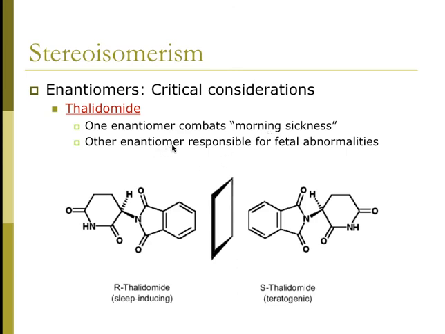The problem was the other enantiomer was responsible for fetal abnormalities. So the sad part is you're taking a medication for morning sickness, but that medication also consisted of some of its other optical isomer that caused fetal abnormalities.